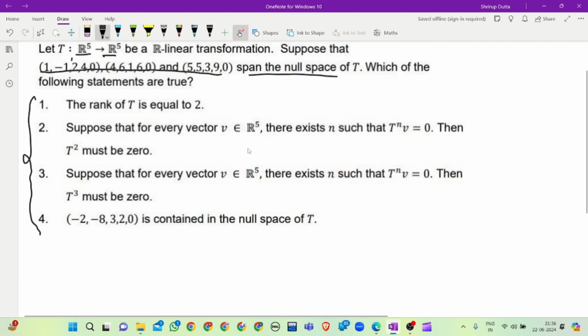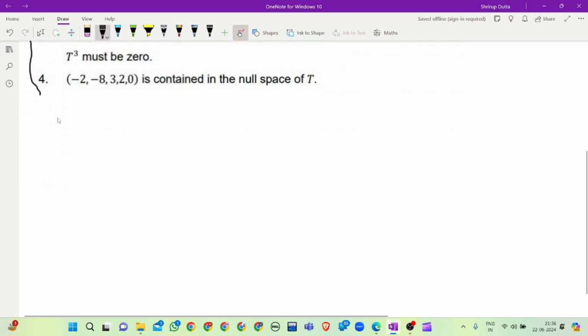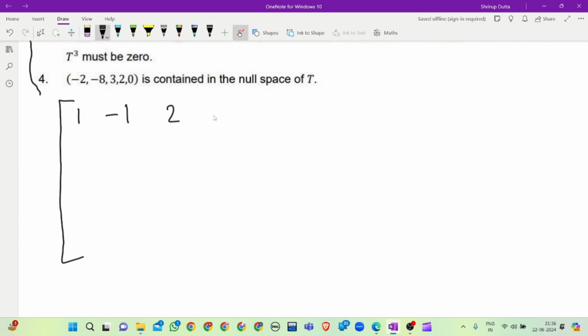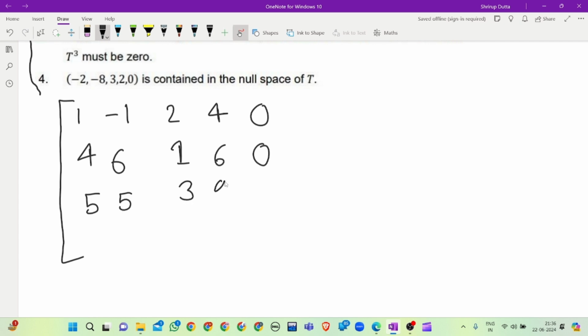So let's check this. We will take three rows. The given vectors are 1, -1, 2, 4, 0; 4, 6, 1, 6, 0; and 5, 5, 3, 9, 0.